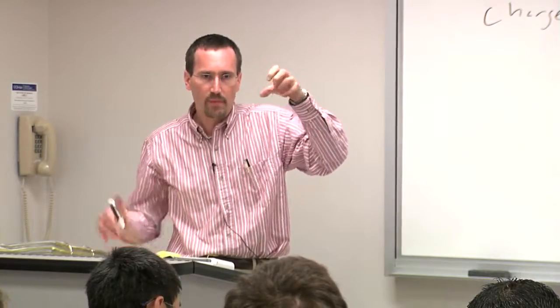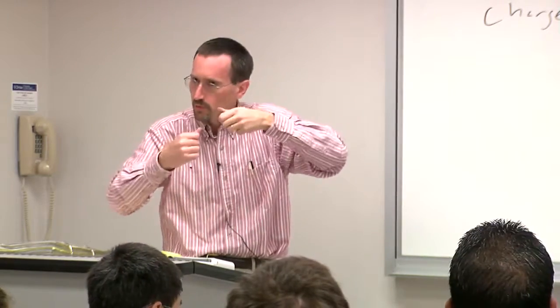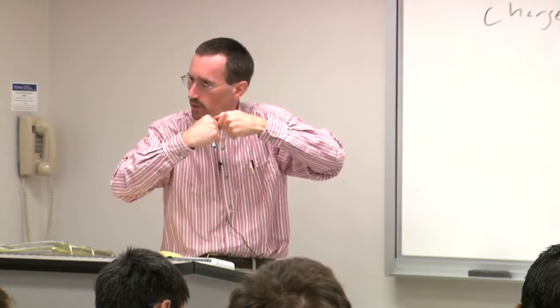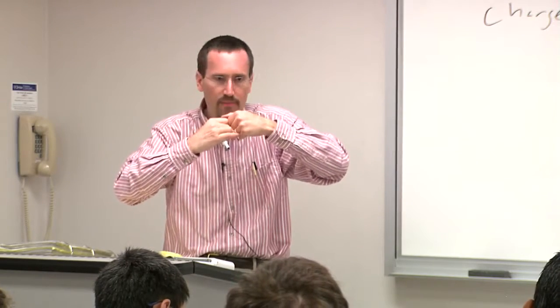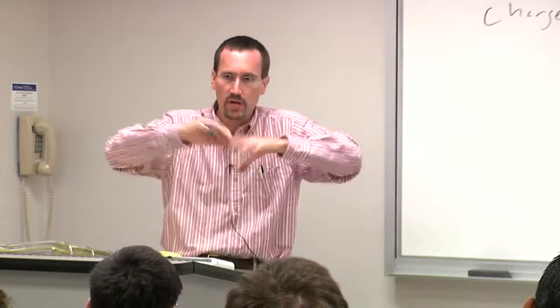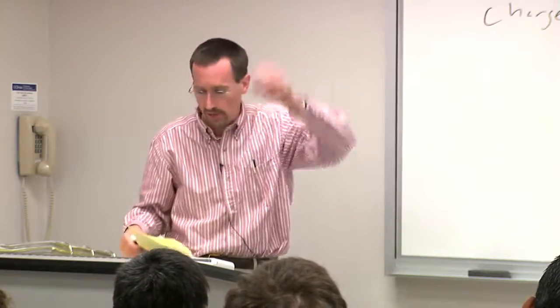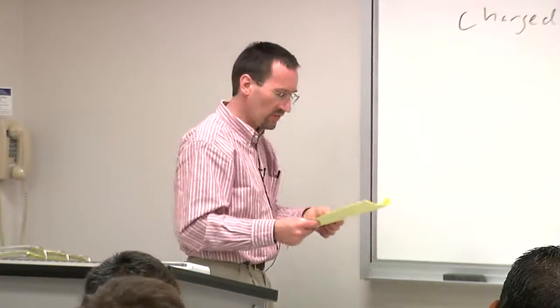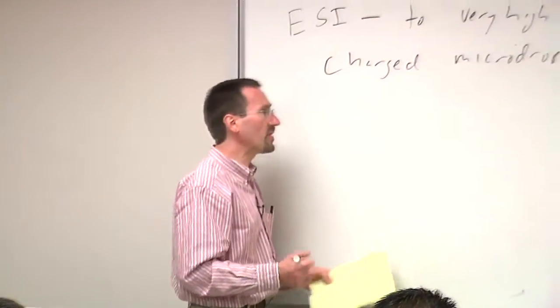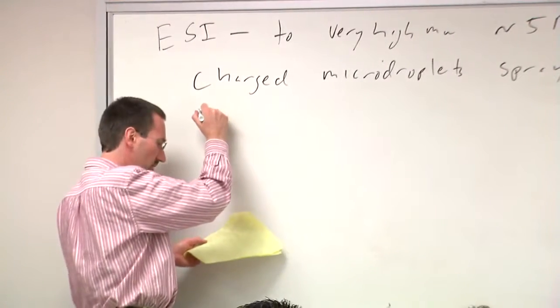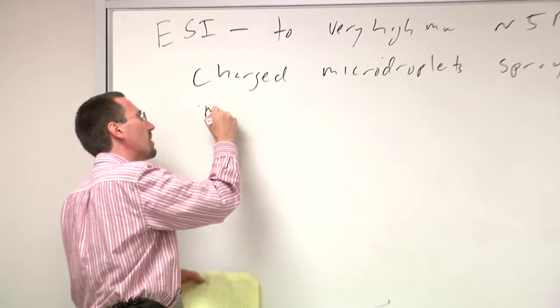The solvent evaporates. The charges, which are put on electrically, get closer and closer together as the solvent evaporates until they repel each other and the droplets shatter apart. Then you have more evaporation and more shattering, and eventually you get charged species free of solvent. So you often end up with multiply charged species for big molecules.